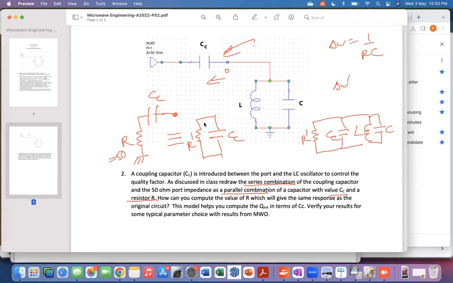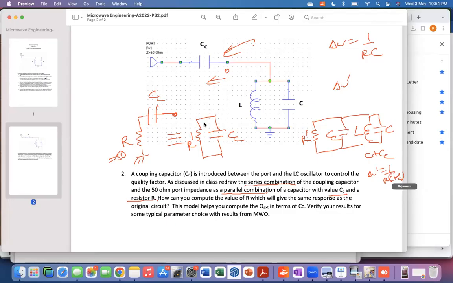All I have to do is replace C by C plus CC, because these two C's are in parallel. L is the same, and I have R prime in parallel. I know how to write down the expression for delta omega. So delta omega prime is 1 over R prime times C plus CC, right?